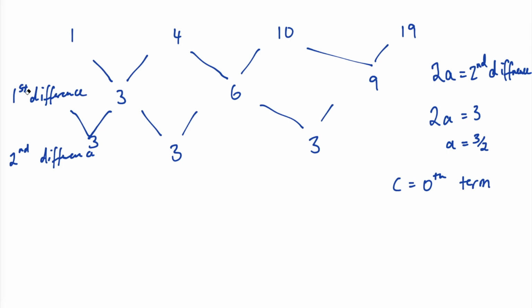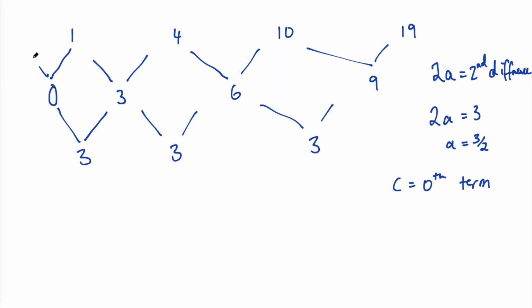And let's rub these out actually, make a bit more room for ourselves. So we would subtract 3 from 3. So our first difference would be 0. So if we subtract 0 from 1, the 0th term would be 1. So c in this case equals 1.